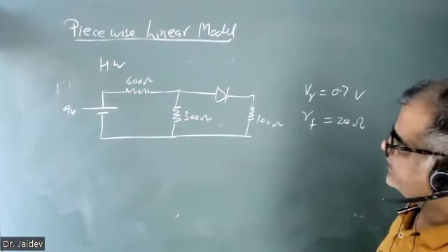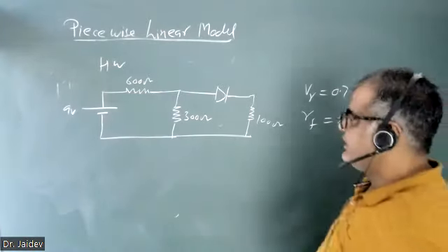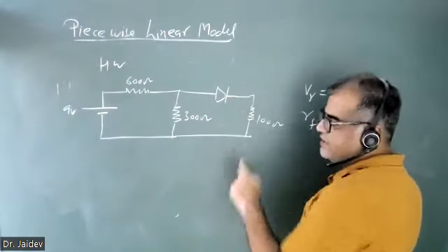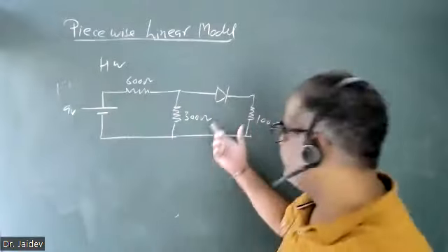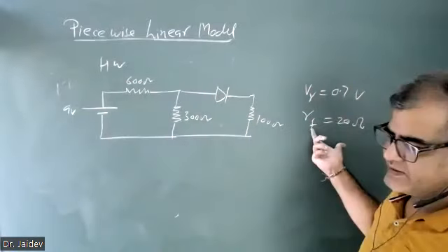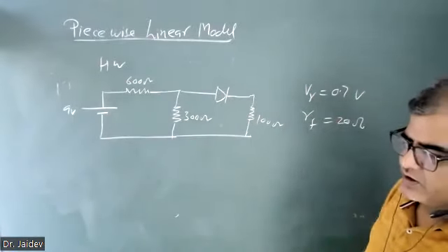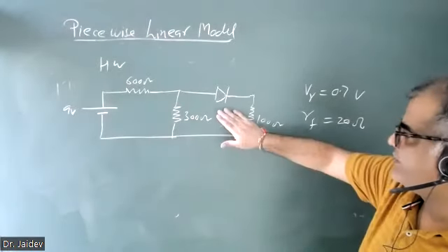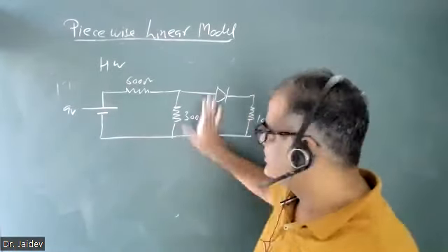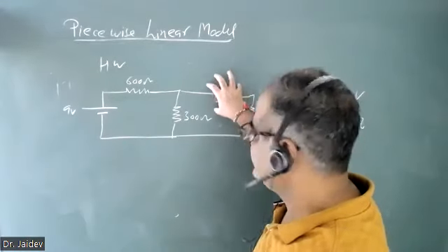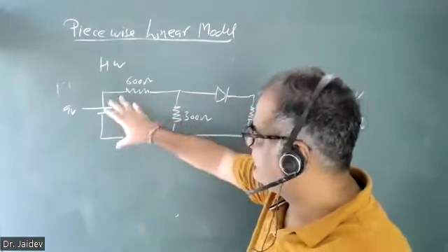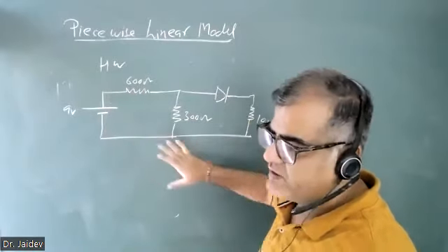Okay, now for this question I told you, you have to first find whether the diode is an open circuit. Okay, so in the open circuit, if it's forward bias, you can directly replace it by this one, and the rest you can solve. You learned many techniques. Any of the techniques you can use, like Thevenin's theorem. You can open this diode here, and for the rest of the circuit you can find the equivalent circuit.